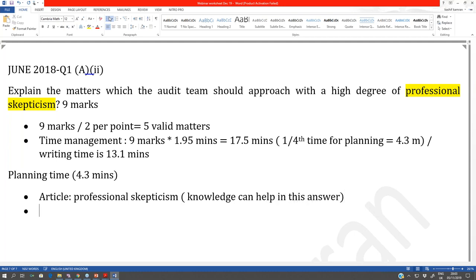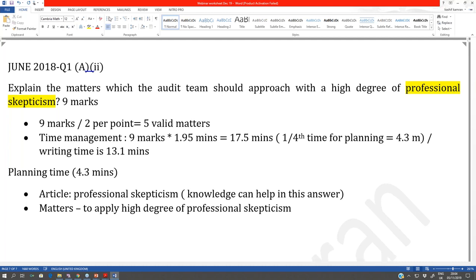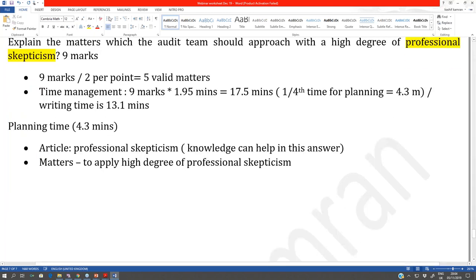Now, matters to apply high degree of professional skepticism, right? And I go to the exam hall with rote learning, and I'll write my answer like this.